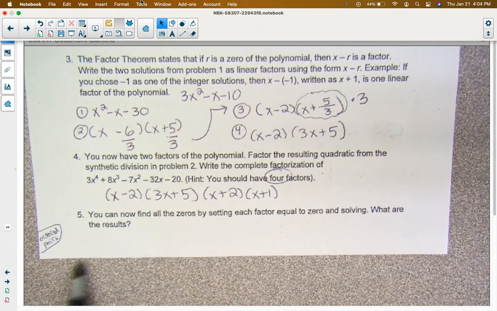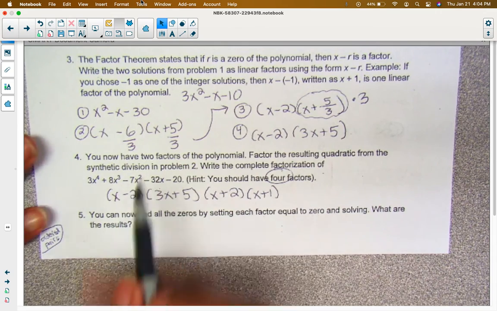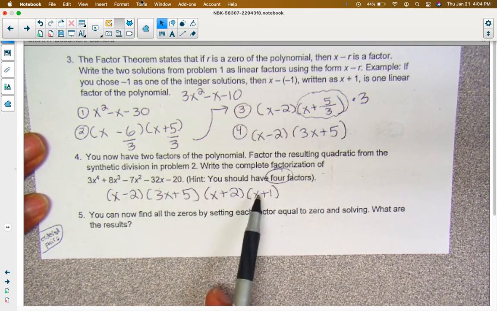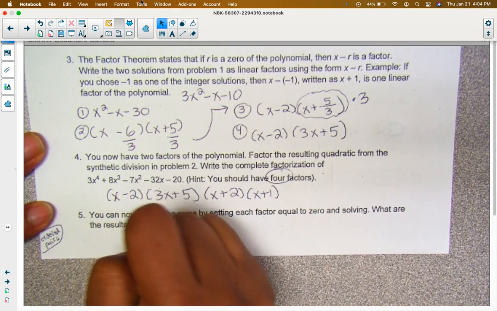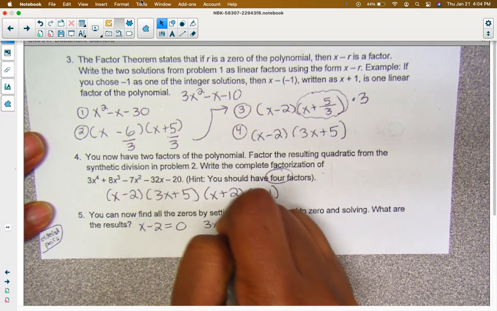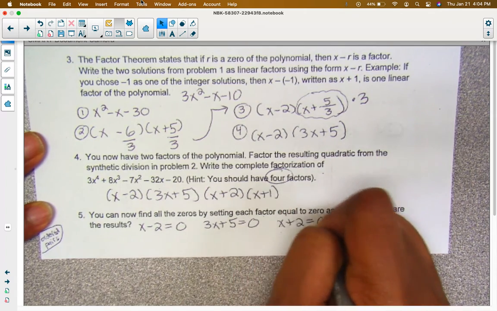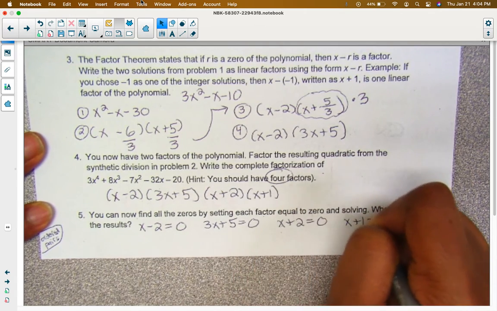Last up, number 5, you can now find all the zeros by setting each factor equal to 0 and solving. What are the results? So I set each of these equal to 0 to get my 4 solutions. x minus 2 equals 0. 3x plus 5 equals 0. x plus 2 equals 0. And x plus 1 equals 0.